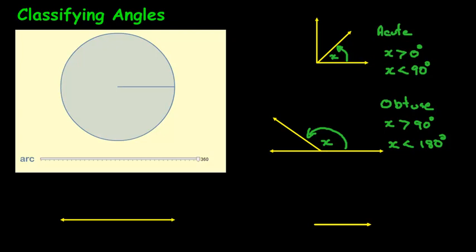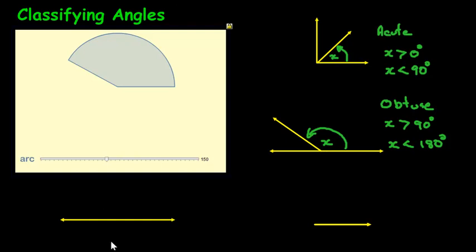And illustrating it over here, if I take this back to 90 degrees, and you can see by the little numbers down there, 90 degrees, I can expand this right round to 180 degrees, and I've got my obtuse angle. So the one that we're looking at over here is about that, maybe a little bit more. So it looks like it's about 150 degrees maybe, but it's definitely between 90 and 180 degrees.